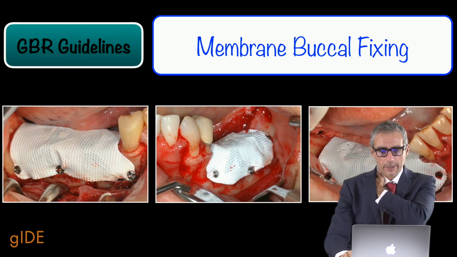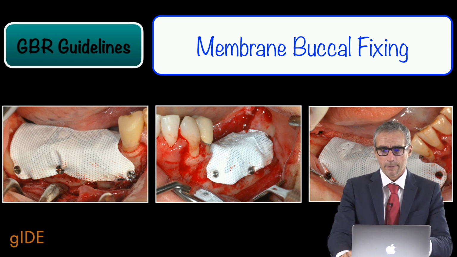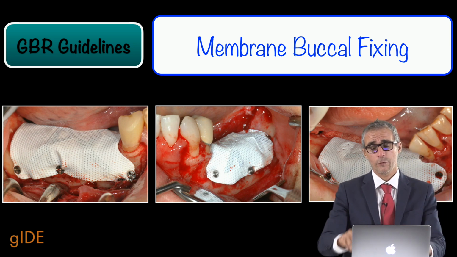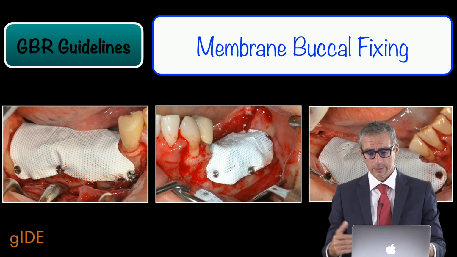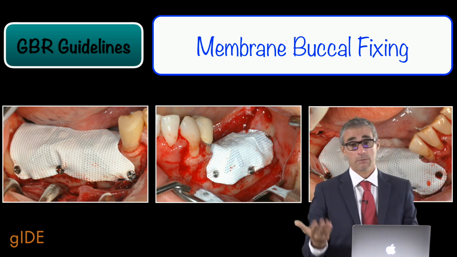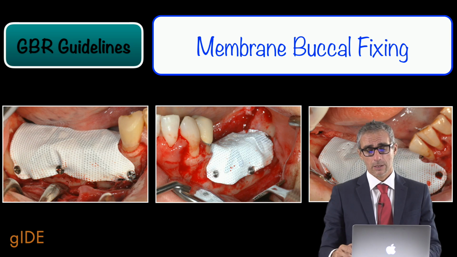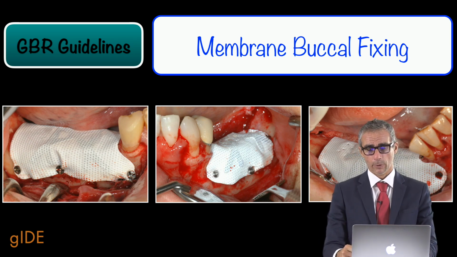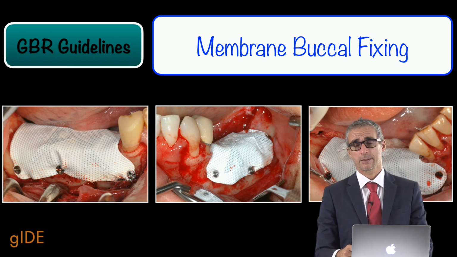Another GBR guideline is the buccal fixing of the membrane. We have to fix the membrane on both sides, and after the fixing of the membrane on the lingual side and after the grafting of the material, we can close the membrane on top of the material and fix the membrane on the buccal side.